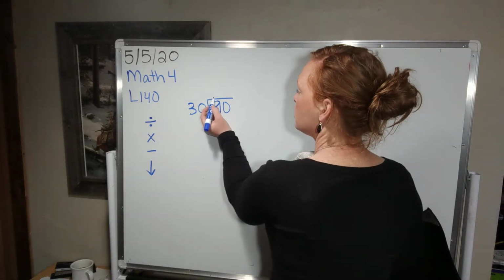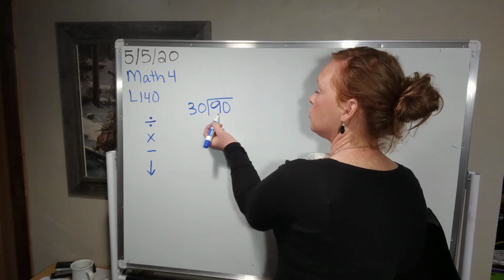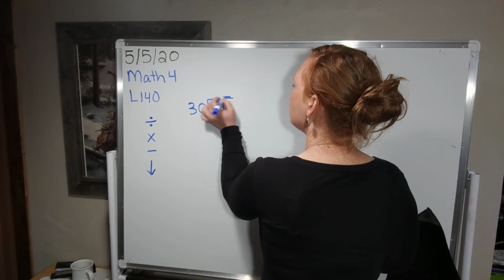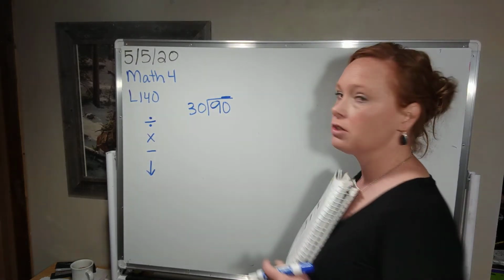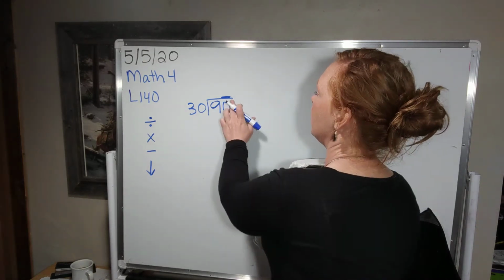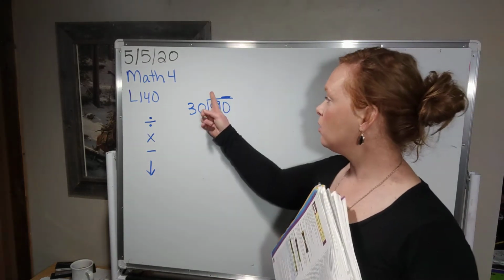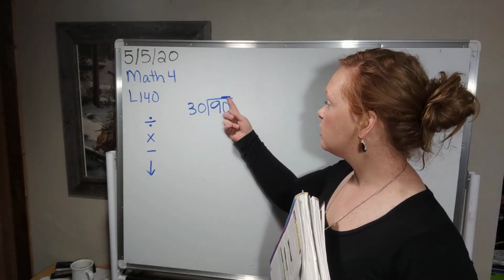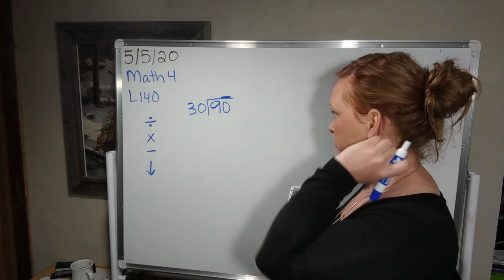So we can't use this place. Can 30 go into 90? Yes. So remember, I want to mark the place where my answer is going to go. You'll see they put a little X on their line. I like to do a line, and this tells me where my answer goes. So am I going to have an answer above the 9? No. My first answer is going to go above the 0, okay?